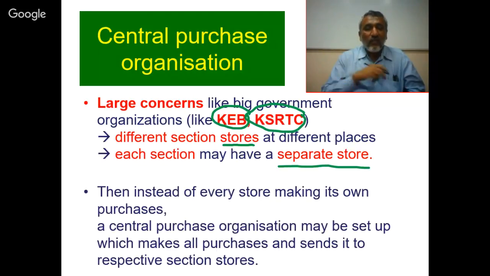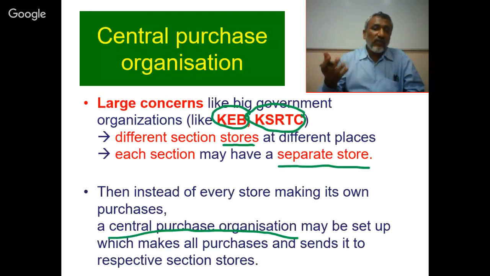Instead of that, they set up a central purchase organization, and this central purchase organization will purchase material at a central point for all the stores, and then supply the materials to the stores as per the requirement. So what we have to note is that the purchase is not decentralized. The entire purchase is done from one location at a central point, and then the required material is supplied to different stores on demand. Because the purchase is in large quantities now, the company can make a more systematic purchase.